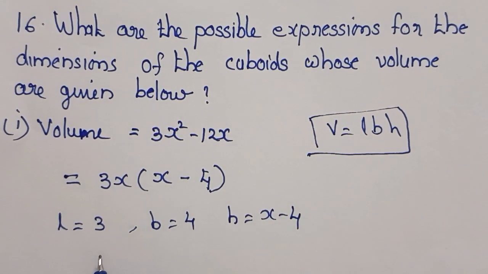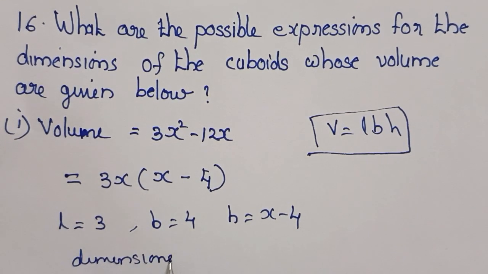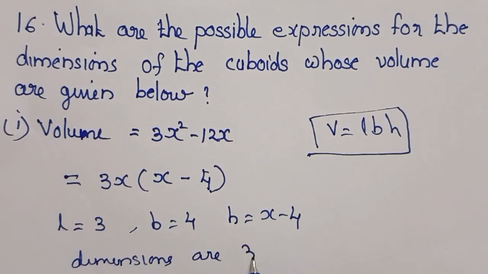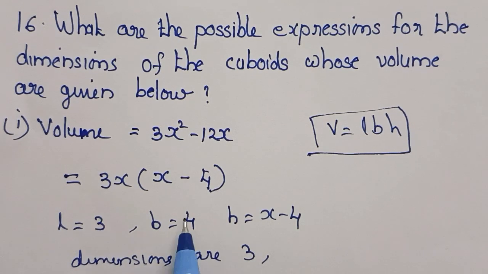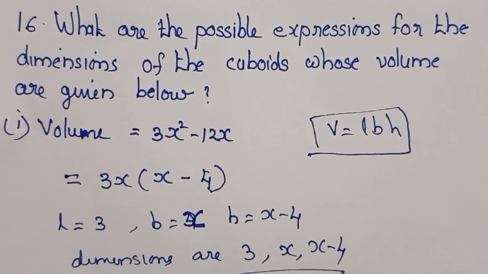Or you can write the dimensions are 3, breadth it is not 4, breadth equal to x, 3, x and x minus 4. These are the dimensions, or length, breadth and height, of the cuboid.